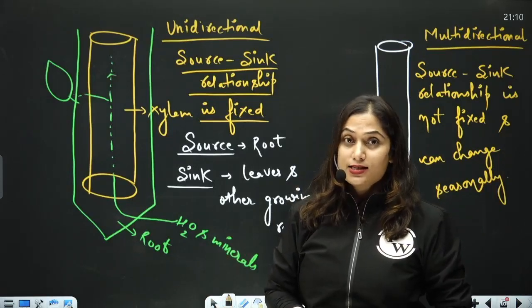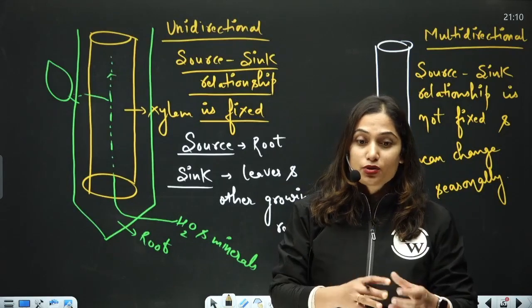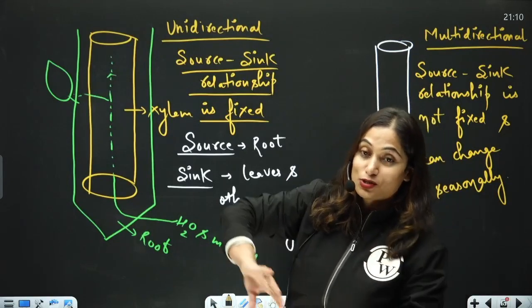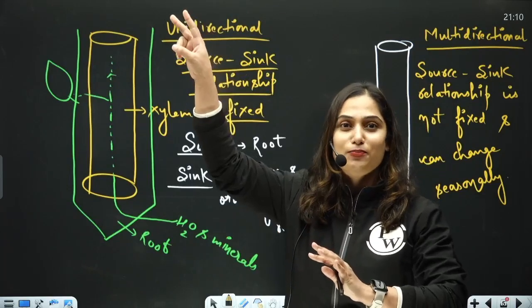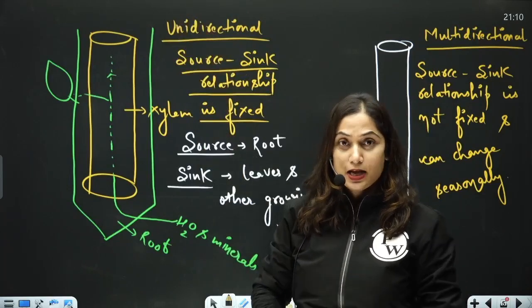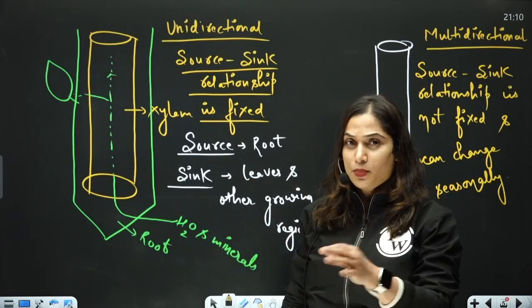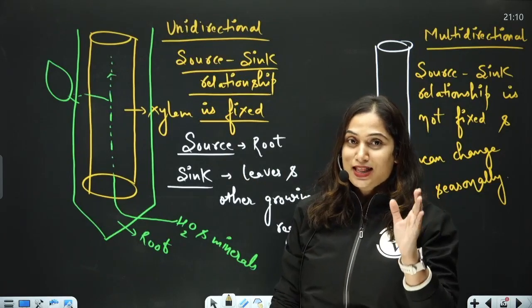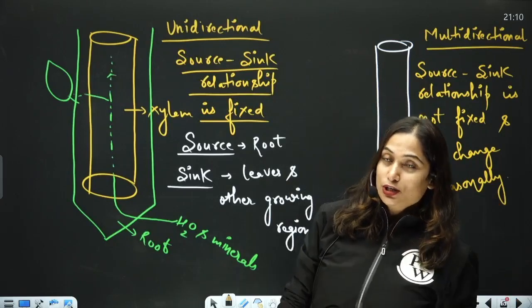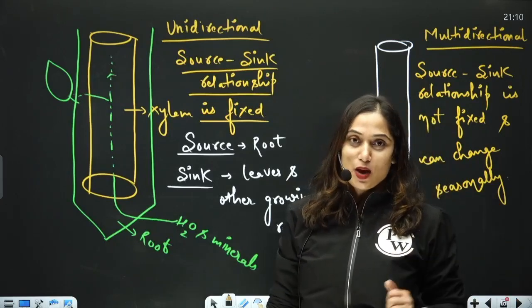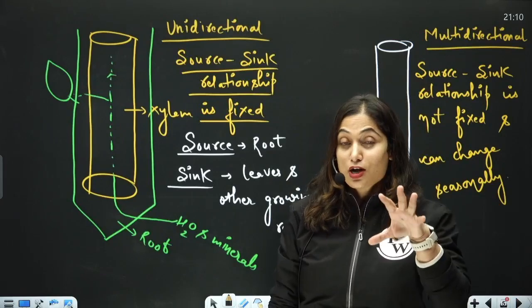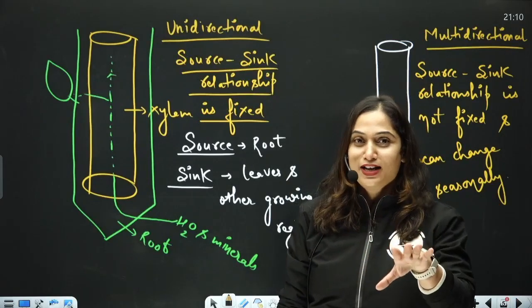That means in the xylem, the water and the minerals will always go from the soil to the different parts of the plant, which are called sink. So the source to sink relationship in case of xylem is always fixed. That is always from root to the different parts of the plant. That is why the translocation in xylem is always unidirectional.